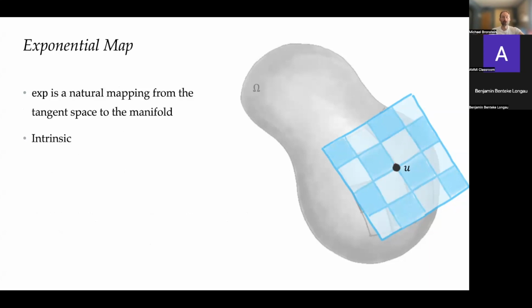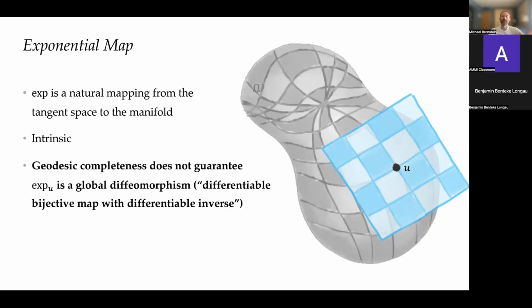It is also intrinsic. Now, the subtle point is that geodesic completeness doesn't guarantee that the exponential map is a global diffeomorphism. In other words, a differentiable bijective map with differentiable inverse. So we might have some disasters like is shown here. If I extend it too much, then it will not be smooth, it will not be differentiable.